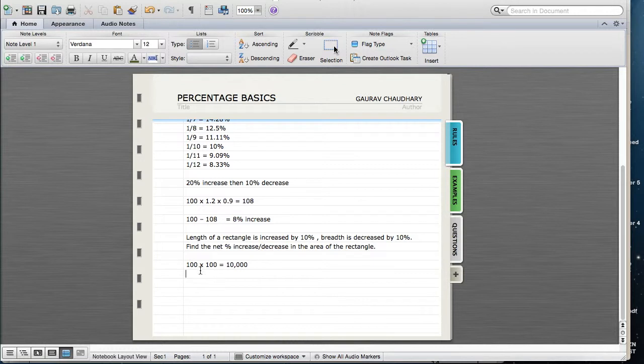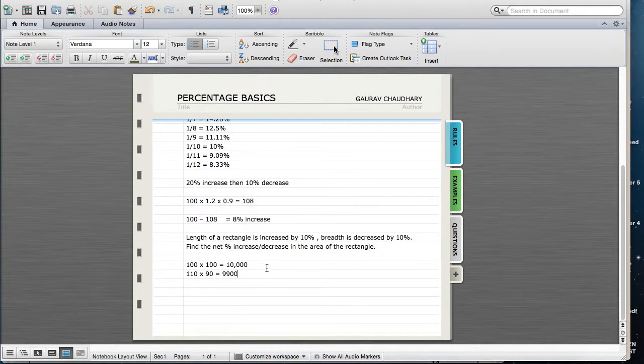If we increase the length by 10%, the new length is 110. If we decrease the breadth by 10%, the new breadth is 90. So the new area becomes 9900.